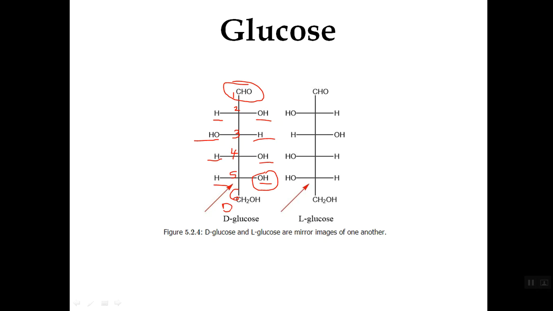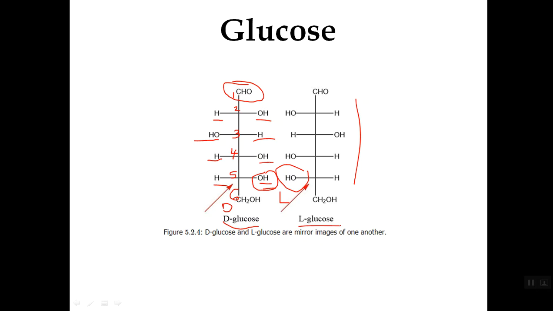Since here in the glucose structure we have OH towards the right side, it is D glucose. Similarly, in this structure you have the OH towards the left side, so it is L glucose.